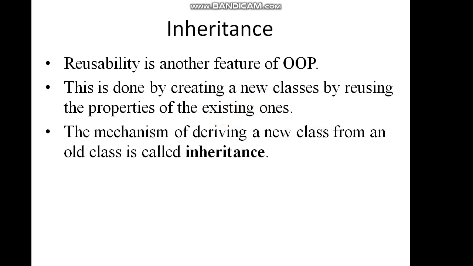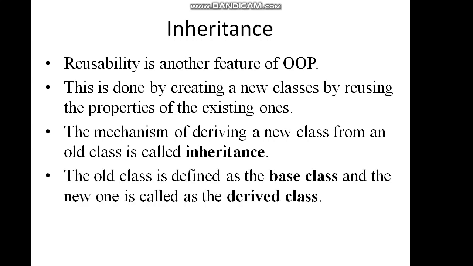This mechanism of deriving a new class from an old class is called inheritance. The old class is called the base class and the new class which is derived is called the derived class.